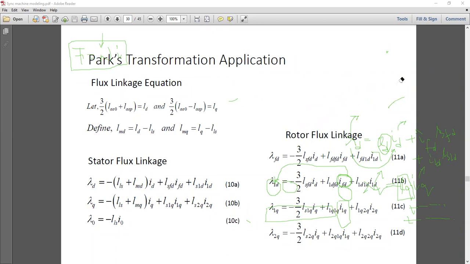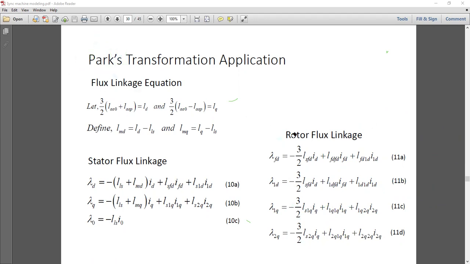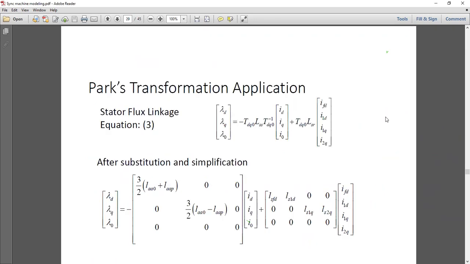Next, for the rotor flux linkage, there is actually no change, because we're not transforming anything in the rotor circuit. It's not required. So the rotor flux linkage remains as it was. These equations 11A up to 11D are a repetition of some previous expressions of rotor flux linkage.